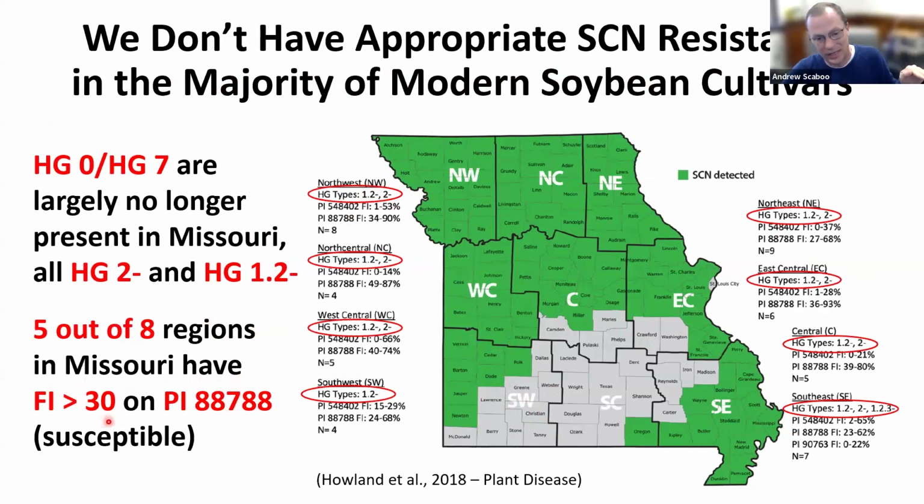And this is where we make the cutoff with resistance and susceptible. So 5 out of 8 regions in Missouri have nematode populations that are predominant and overcome 88788 type resistance to where those cultivars would not be labeled as resistant cultivars. And that's across the entire state.